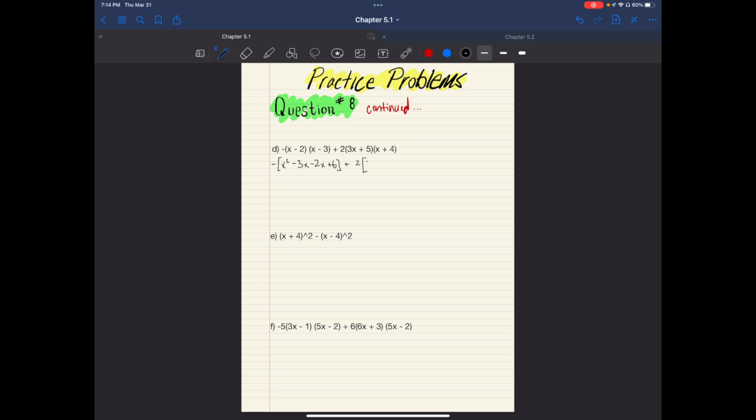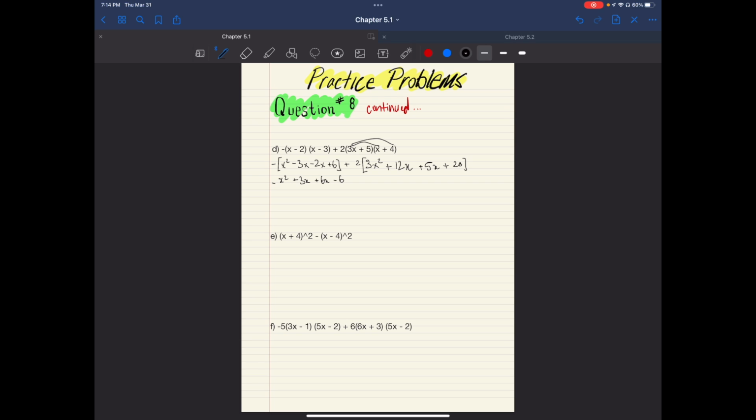So, 3x squared. What's that? 3 and 4 is plus 12x plus 5x plus 20. No, negative x squared plus 3x plus 6x minus 6.